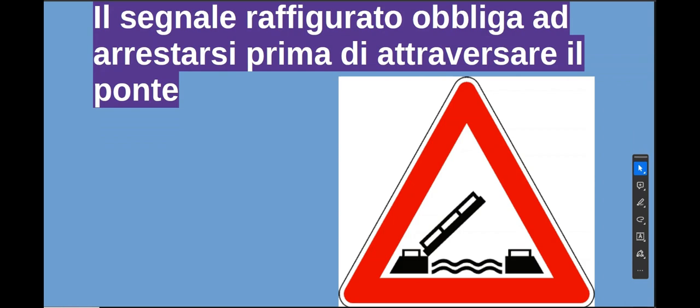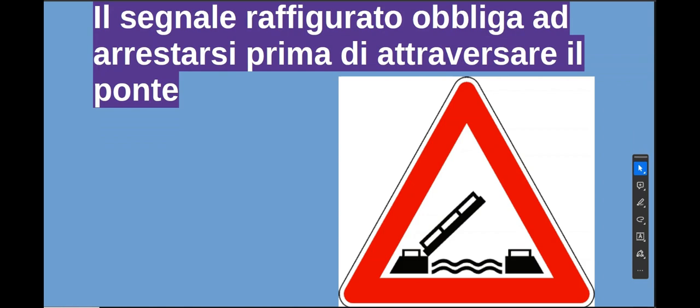Now, does this sign obligate us to stop before the crossing of the movable bridge? No, it does not obligate us to stop at the crossing of a movable bridge, which is a ponte mobile.